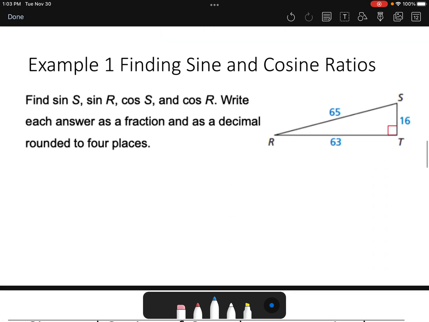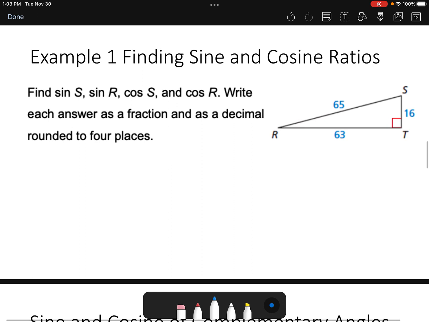So now we're going to use those facts to find the sine and the cosine ratios of the two acute angles. We're supposed to find the sine of S and the sine of R, the cosine of S and the cosine of R. Well, let's do one at a time here.